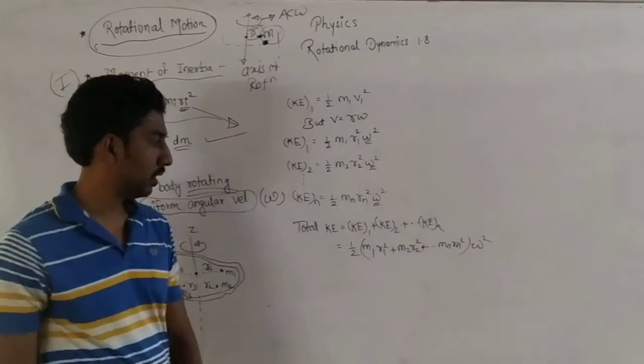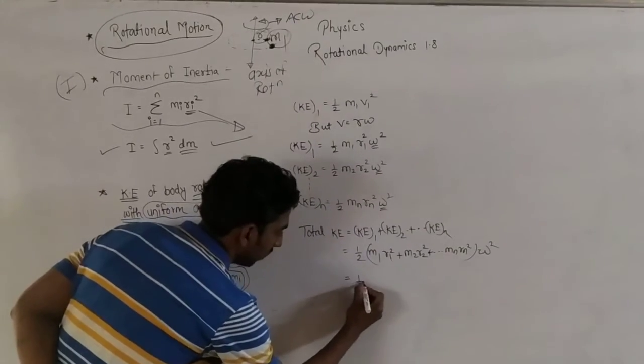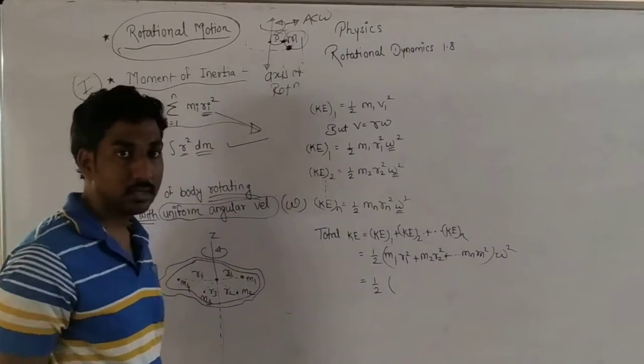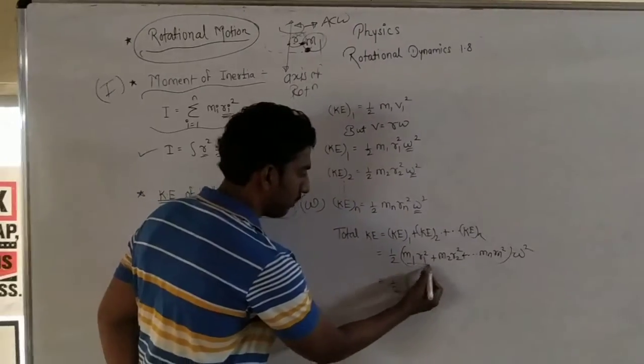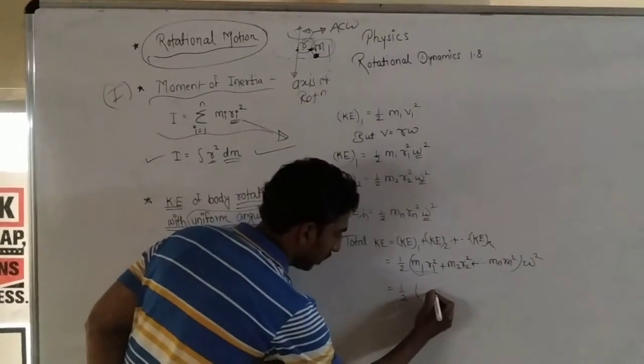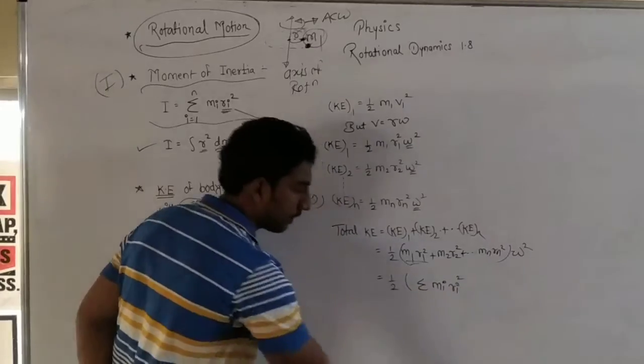If you look at this bracket, it is the summation of the products mi ri square.